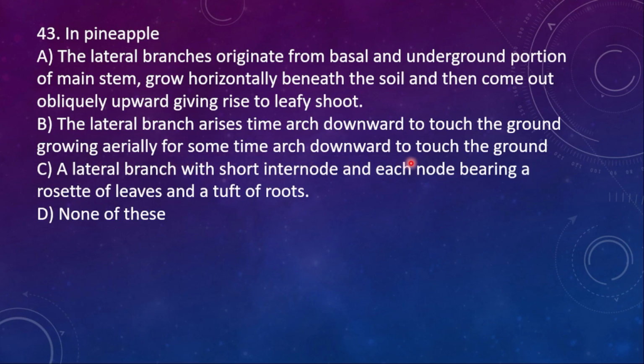Option C, a lateral branch with short internodes and each node bearing a rosette of leaves and tuft of roots. Option D, none of these. So here the right option is option A for the pineapple.